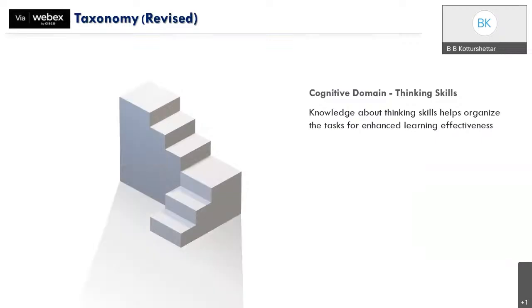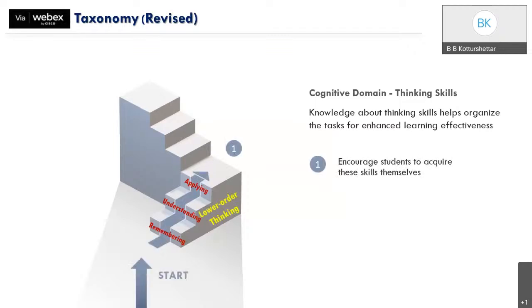Coming to the next aspect, remembering, understanding, and applying. See, they are considered to be lower order thinking skills. As teachers, we need to encourage students to acquire these skills themselves.